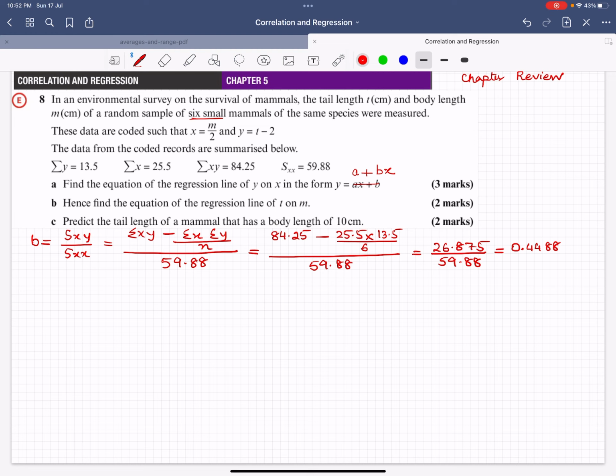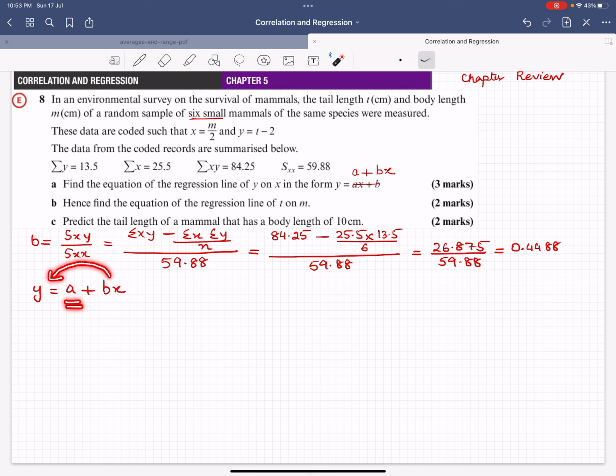Now we need to work out the value of a. So we have the equation of the regression line, which is y is equal to a plus bx. When we want to find the value of a, we can make a the subject of the formula and take the bx onto the other side.